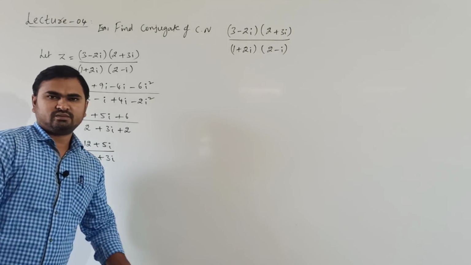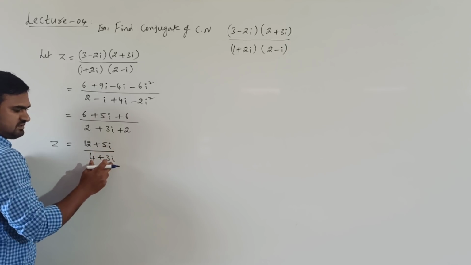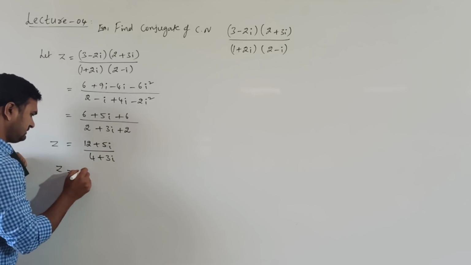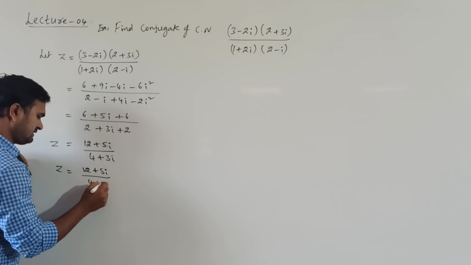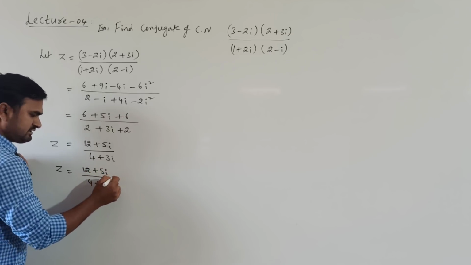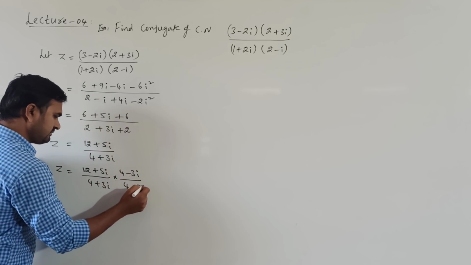Now is it still in the form a plus ib? Again no. So we have to rationalize this denominator. So multiply and divide by the conjugate of the denominator, 4 minus 3i divided by 4 minus 3i.